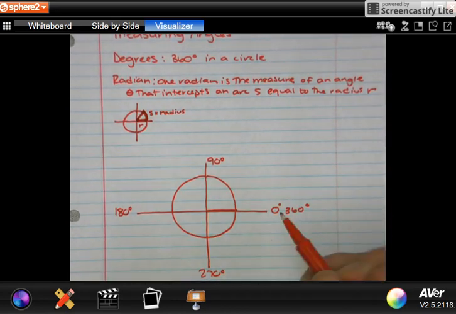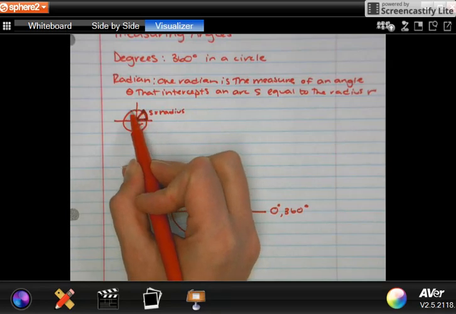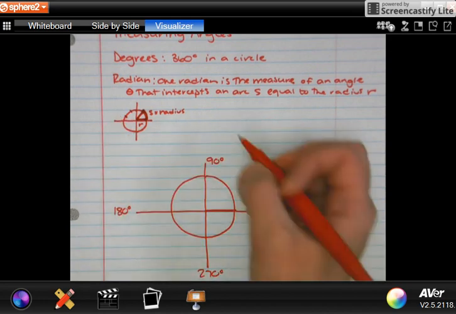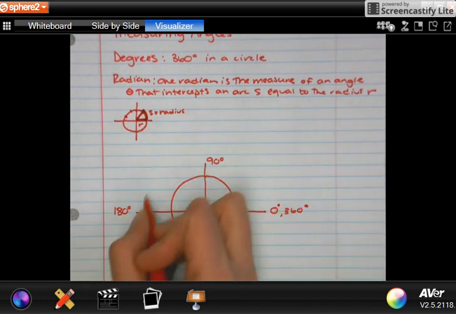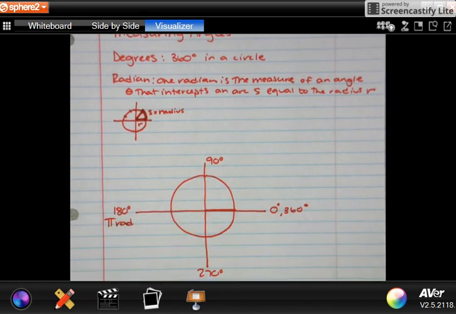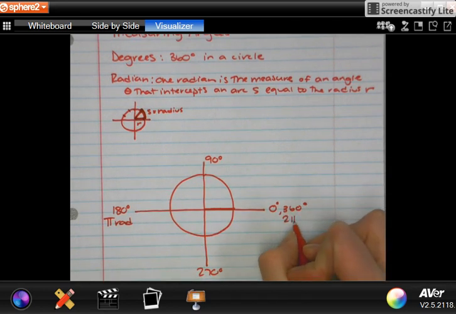So what we know is 1 radian, 2 radian, there's 3 and a little bit radians in a straight line. So what we talked about was the fact that there are pi radians in a straight line and 2 pi radian in a full circle.